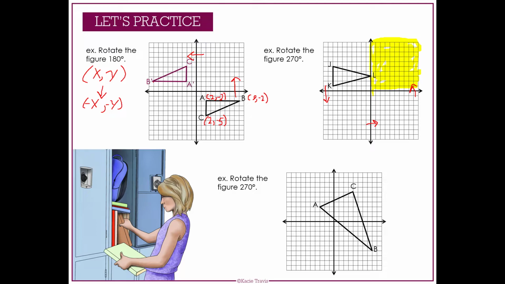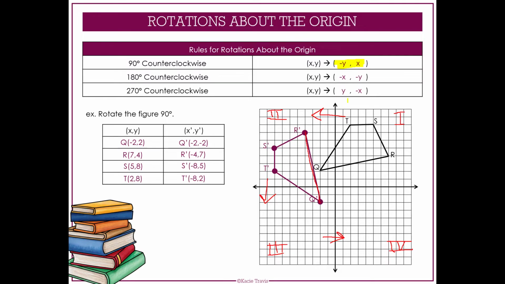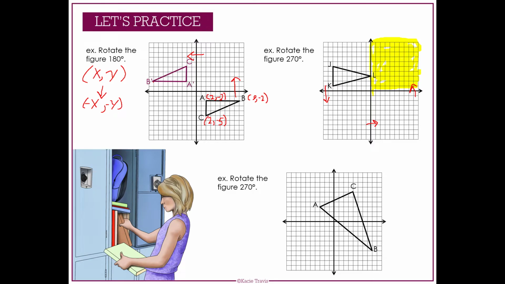We want to make sure that we also got what the rule is. So let's review our previous rule. When we rotate this around, our x and y will switch around, and the x will become the opposite sign. So let's get into this one. So let's write this down.